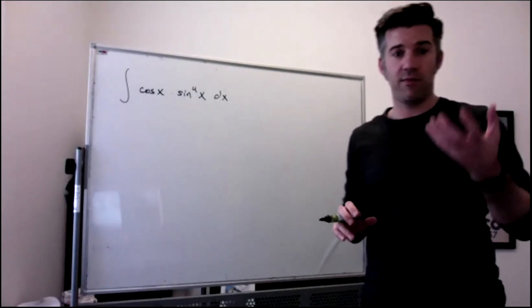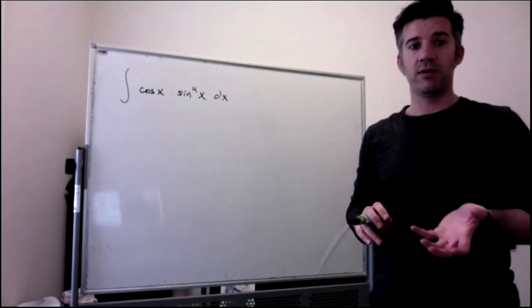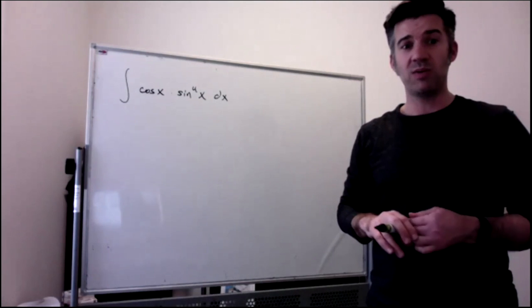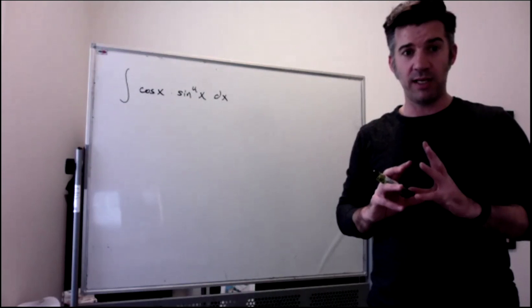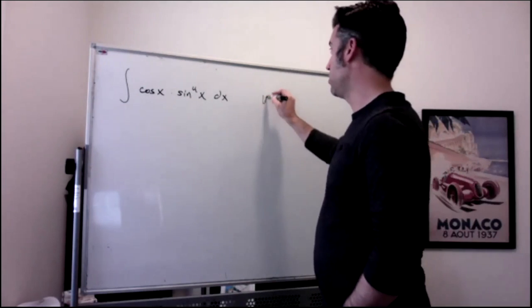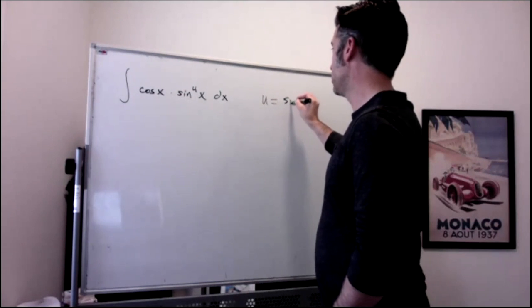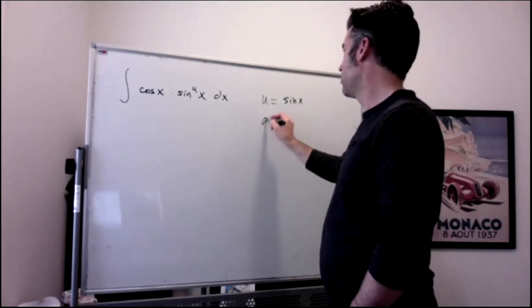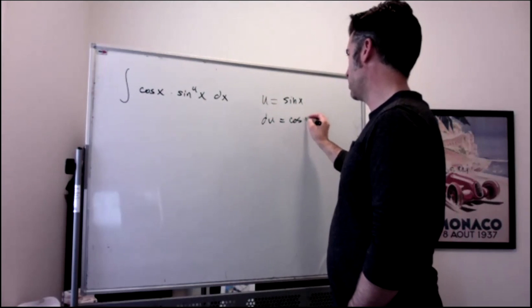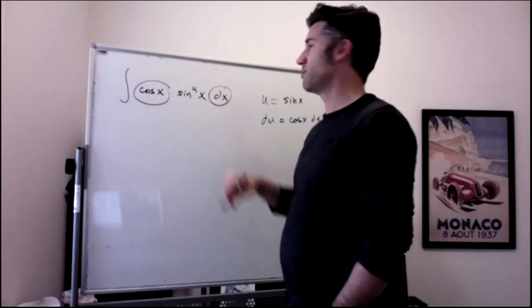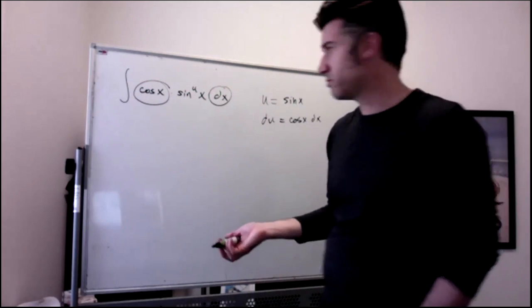Whenever you have an odd power of one of these trig functions, sine or cosine, and an even power of the other, you always want to let u equal the trig function all by itself that happens to be raised to the even power. So I know I want to let u equal just sine of x, which seems reasonable, right? My du is going to be the derivative, which is cosine of x dx, and I exactly have a cosine of x dx. Seems like the perfect choice.